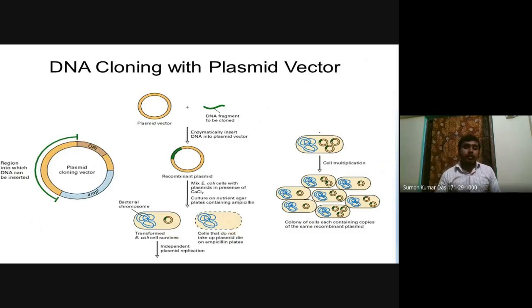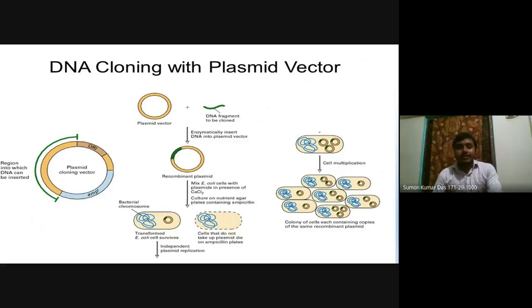Then we apply it in the E. coli bacterium cell. Then the bacterium multiply and we get several products. But here the main fact is that we can apply the ampicillin resistant gene, and in the ampicillin containing media, only the bacteria that contain this type of plasmid survive.